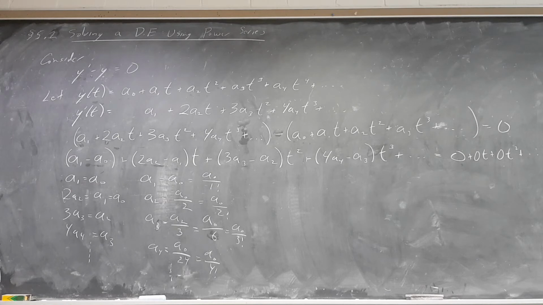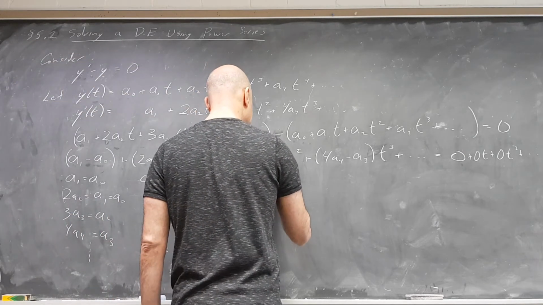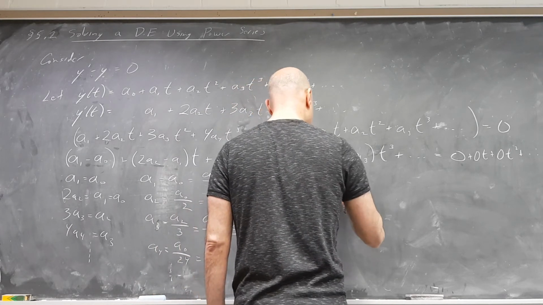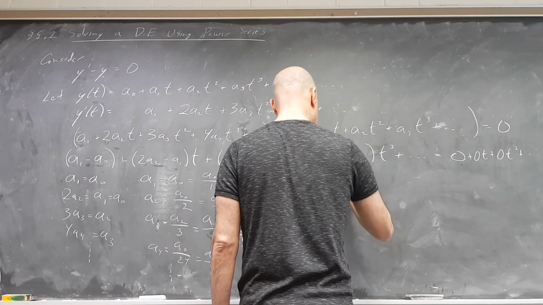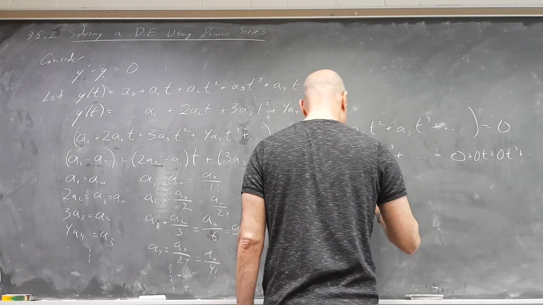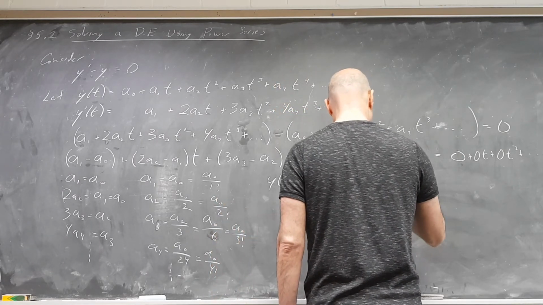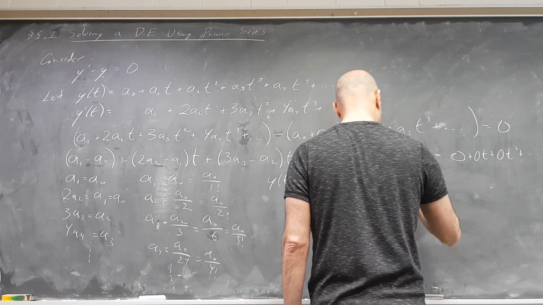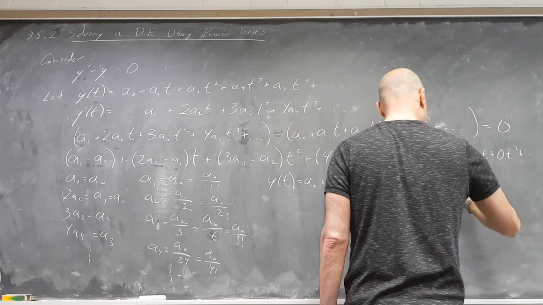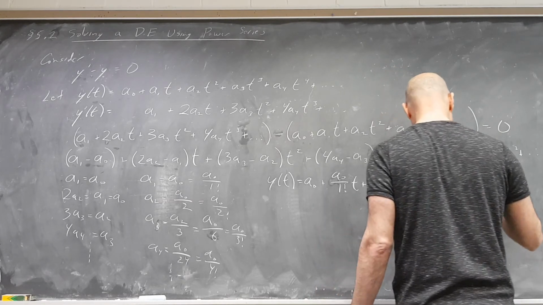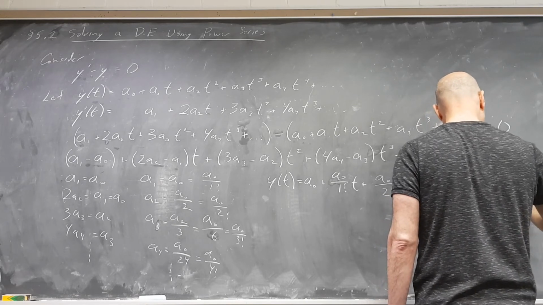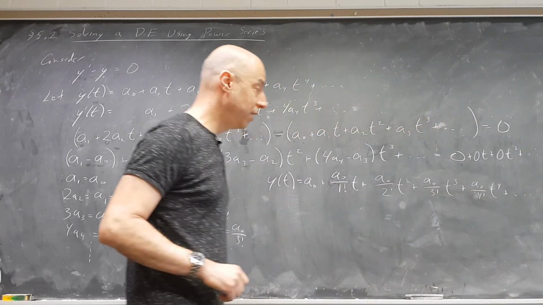And so, y of t is just going to be a0 plus a0 over 1 factorial t plus a0 over 2 factorial t squared plus a0 over 3 factorial t cubed plus a0 over 4 factorial t to the 4th plus and so on.